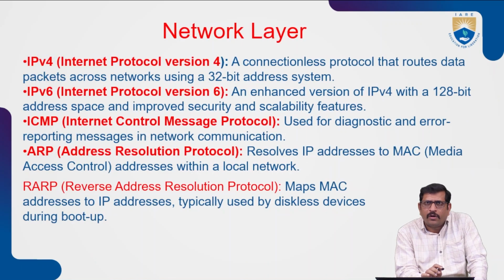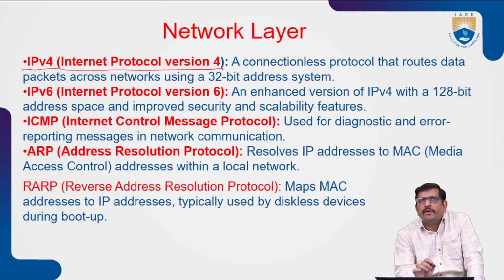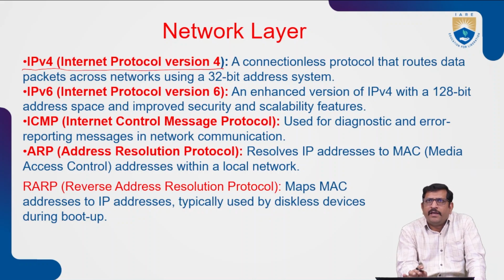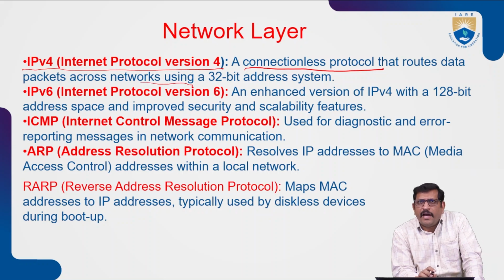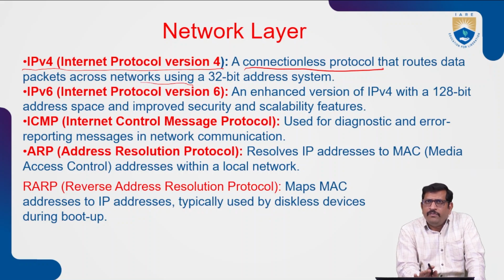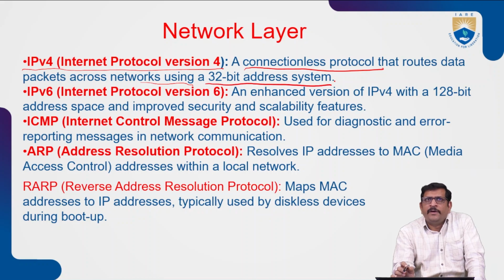IPv4 means Internet Protocol version 4. It is a connectionless protocol that routes data packets across networks. IPv4 uses a 32-bit addressing system, so the size of the IPv4 address space is 2 to the power of 32.